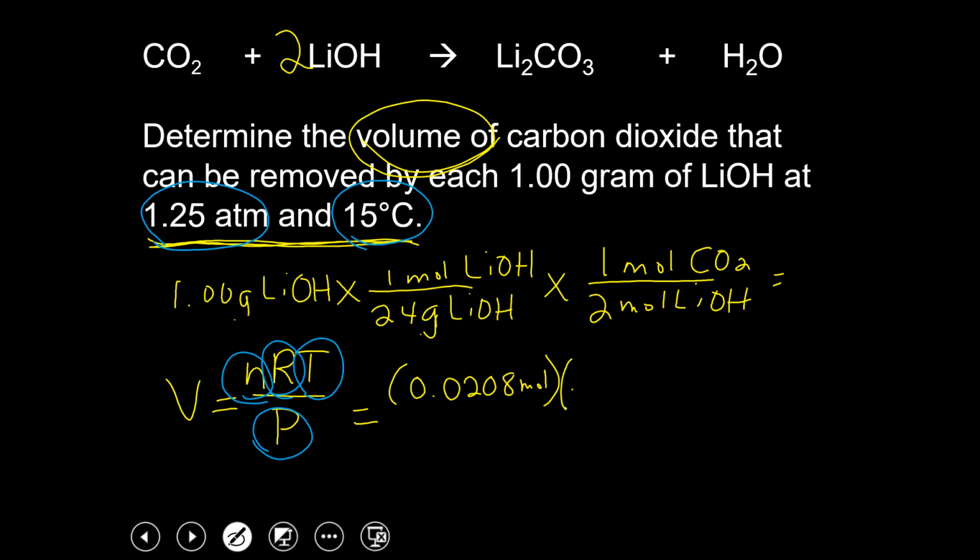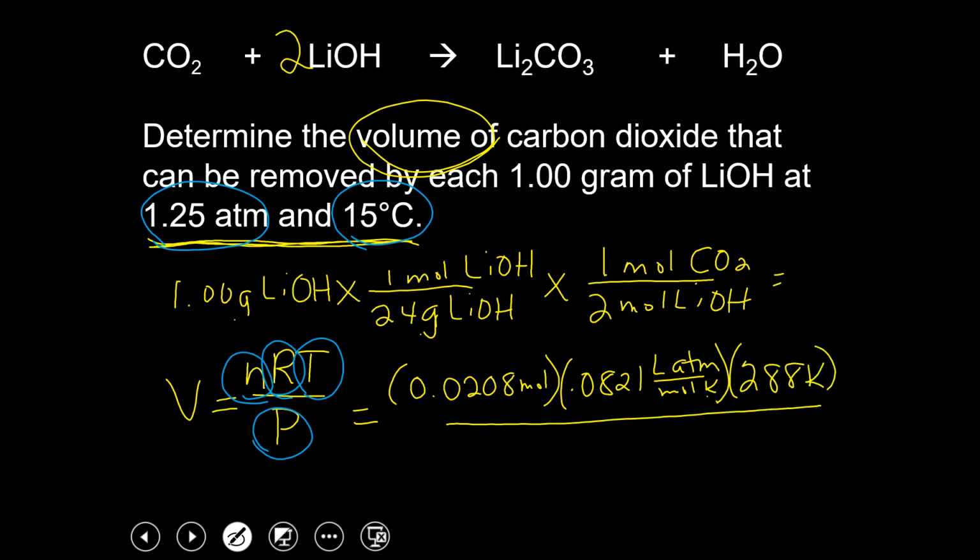R is 0.0821, and that's liter atmosphere per mole K. Temperature, 15. We have to add 273. So when you add 273, that's going to be 288 Kelvin. Divide all of that by the pressure, 1.25 atmospheres.